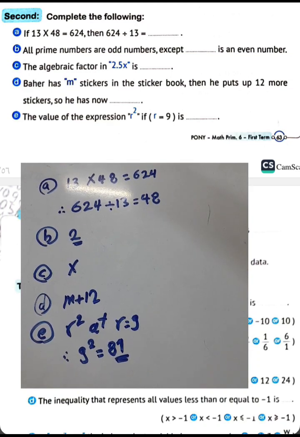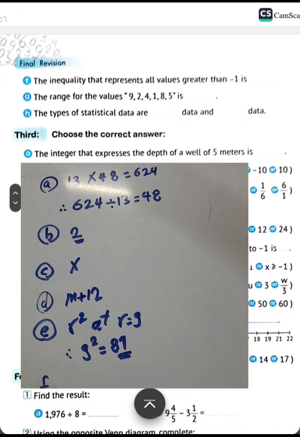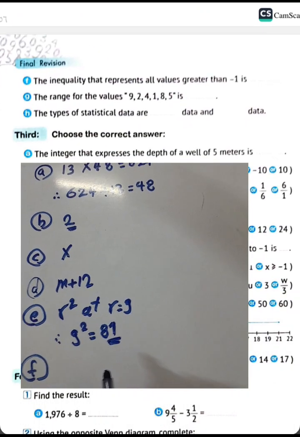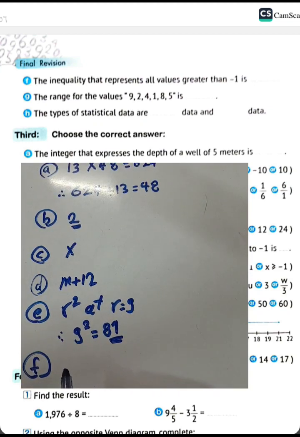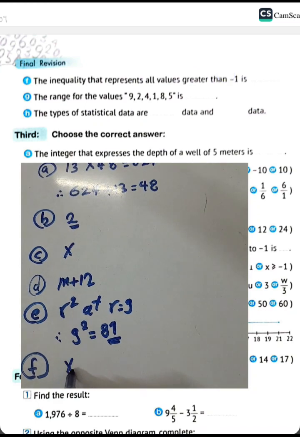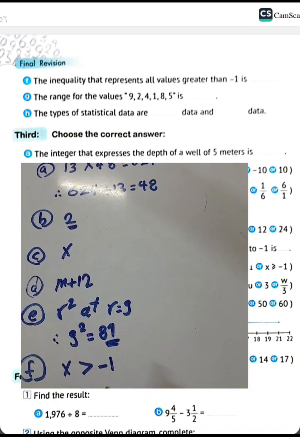Question letter F. The inequality that represents all values greater than -1 is x greater than -1. Choose the sign. x refers to each number greater than -1.